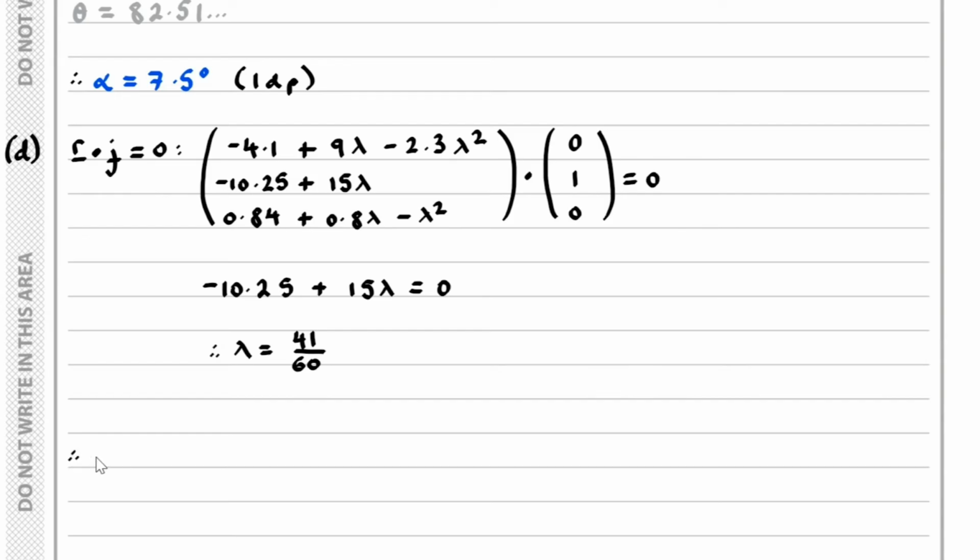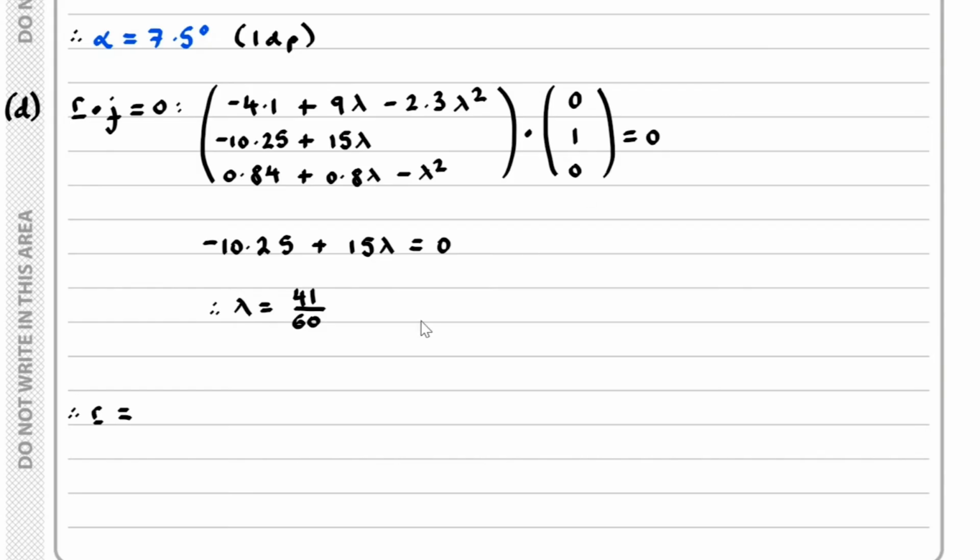And so therefore, r is equal to, well, we have minus 4.1 plus 9 times 41 over 60 minus 2.3 times 41 over 60 squared.